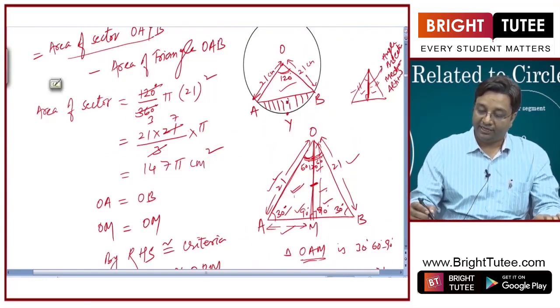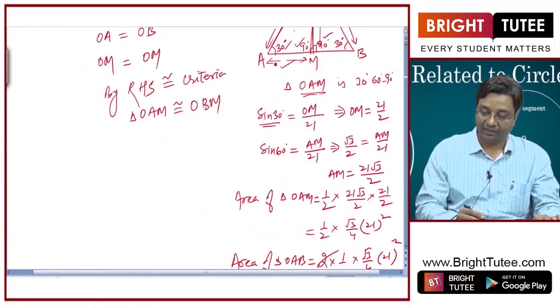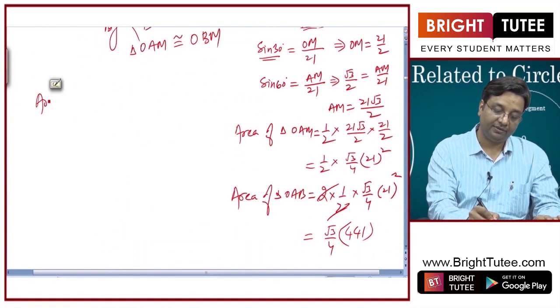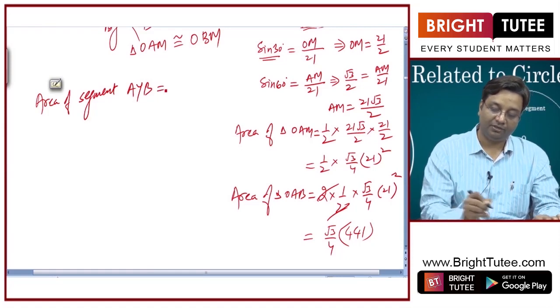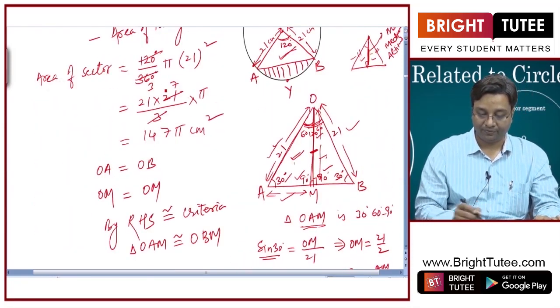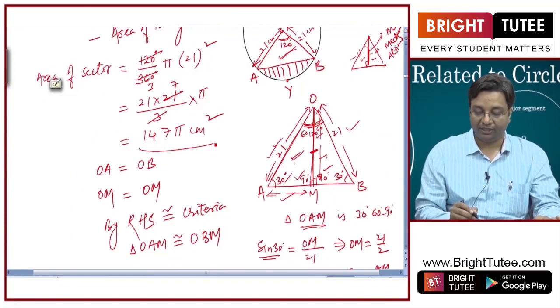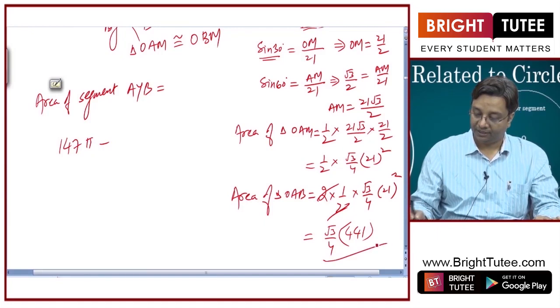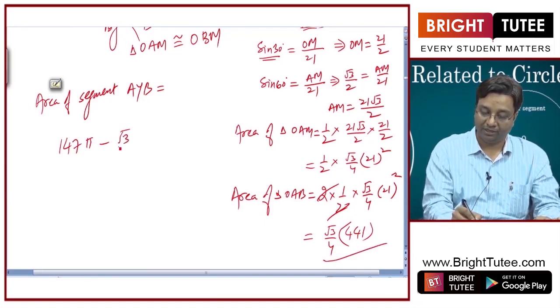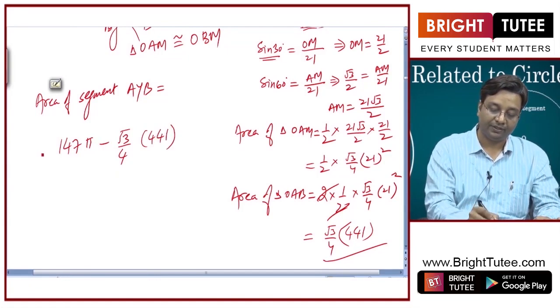Now I have got the area of this triangle, I have got area of this sector. So area of segment AYB is equal to this 147 pi minus area of this triangle, which is root 3 by 4 into 441.